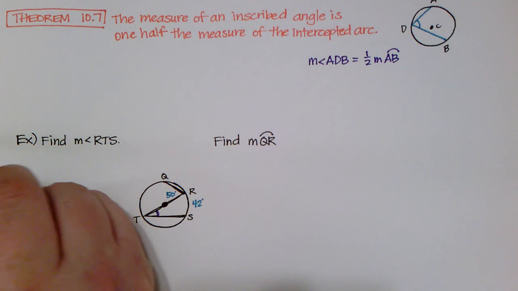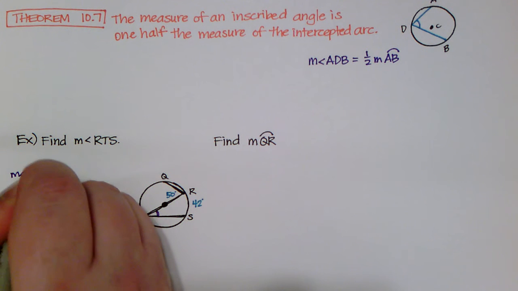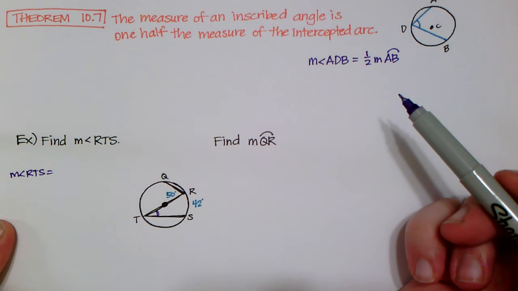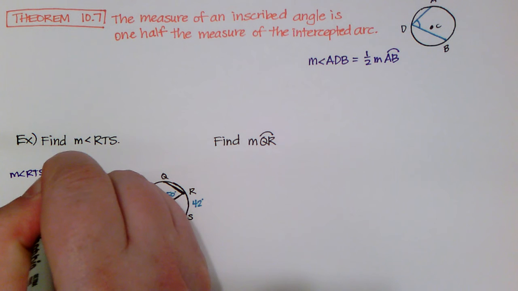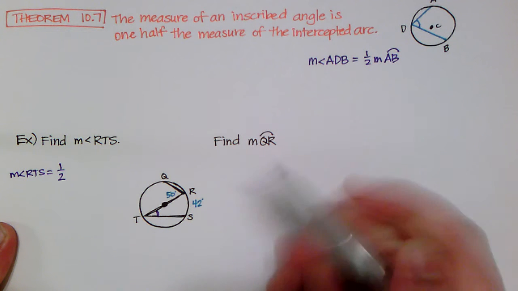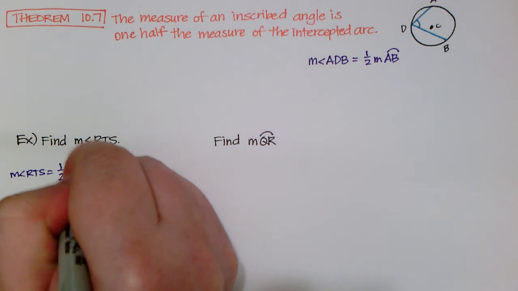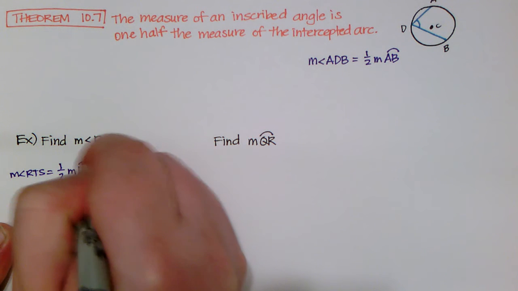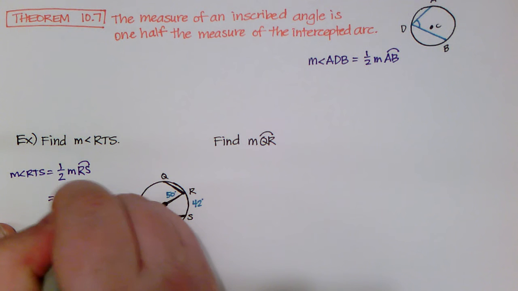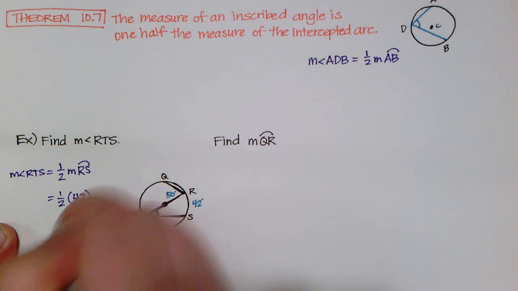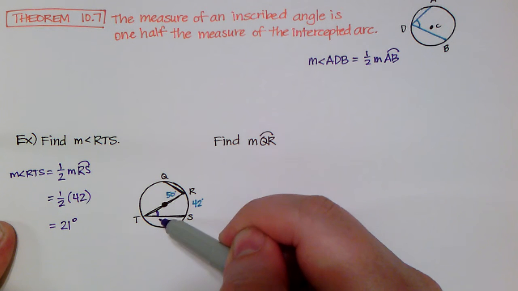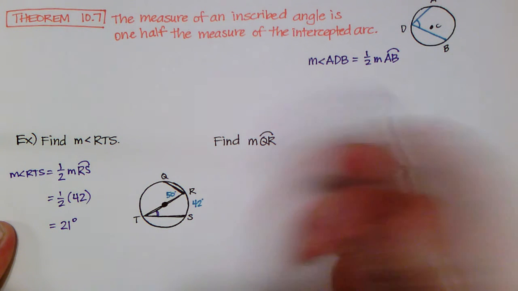Based on the theorem we just wrote down, the measure of angle RTS should be equal to 1/2 the measure of its intercepted arc, which is RS. And I know that it's 42 degrees. So 1/2 of 42 degrees is 21 degrees. That means this angle down here is 21 degrees. Easy.